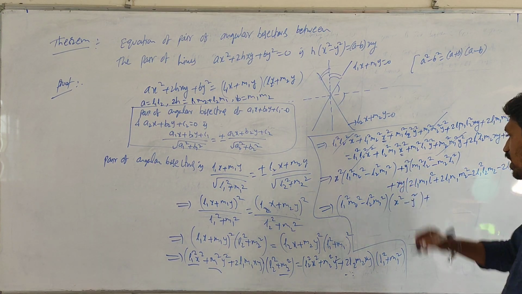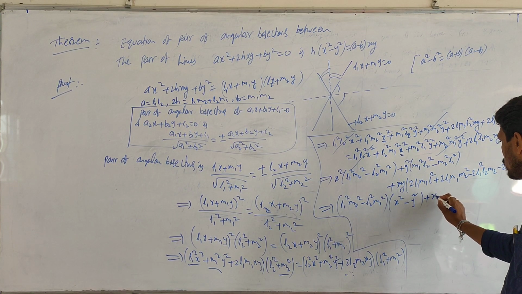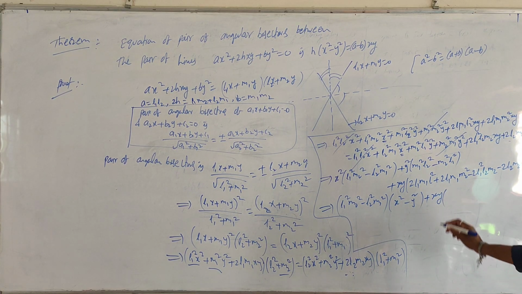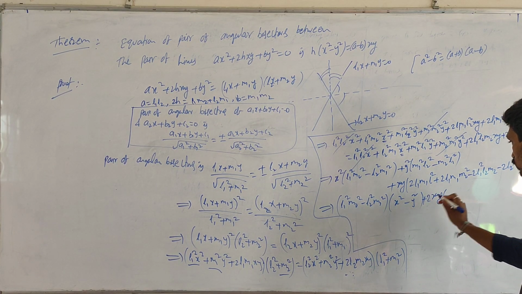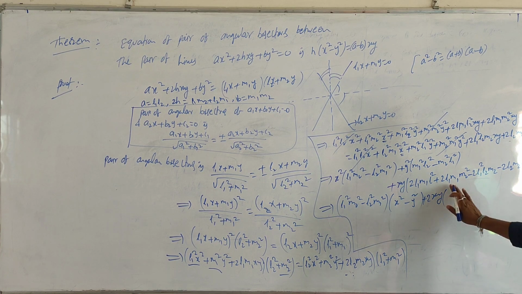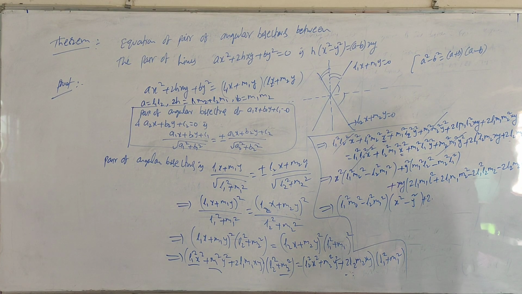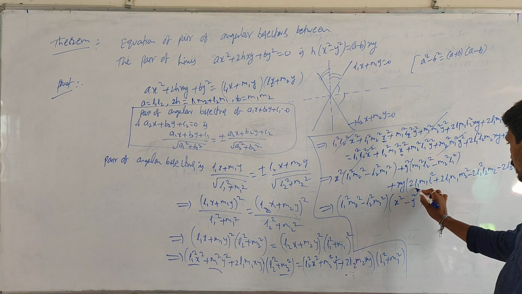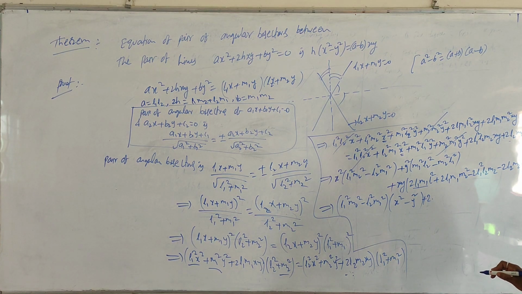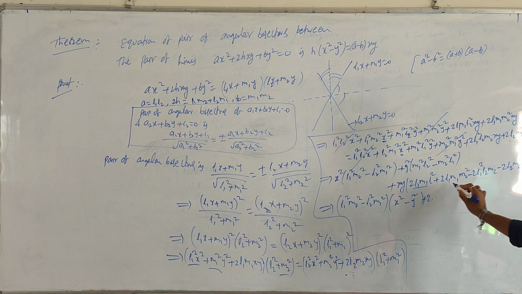Plus here, what do you have? Plus 2xy. 2 also we can take. And one more term, what can you take common here? L1 M1. This is also L1 M1. If you take L1 M1 common, what is left? So there is no L1 M1 left.